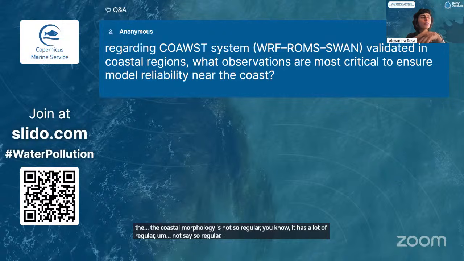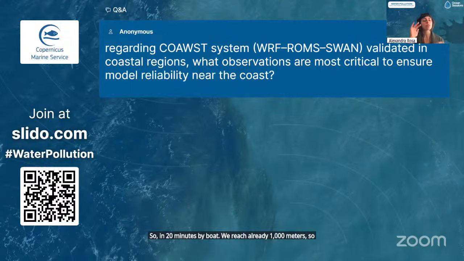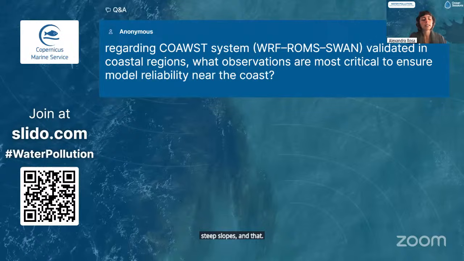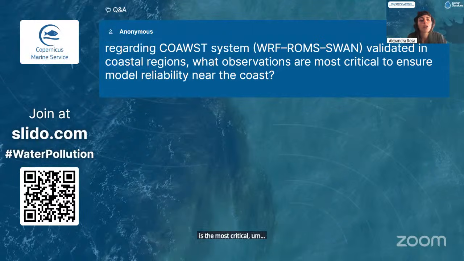And also the bathymetry, we are in an oceanic region. So in 20 minutes by boat, we already reach 1,000 meters. So the bathymetry has very steep slopes, and that changes the current dynamics a lot in the coastal area. So I would say currents are the most critical for model reliability. Okay, thank you.